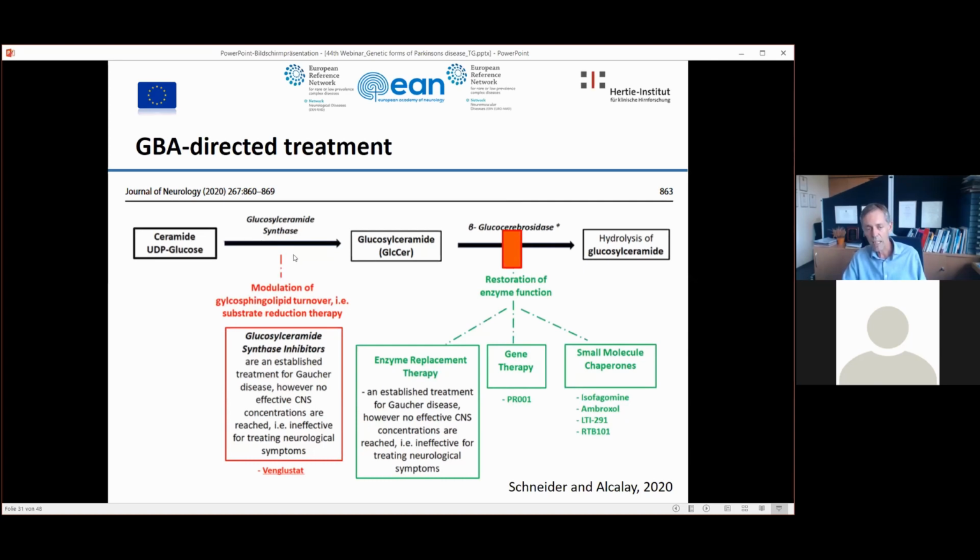So the trial that was actually already done was to start at another point in this pathway by inhibiting the substrate formation, so the synthesis of glucosylceramide by a glucosylceramide synthase inhibitor, venglustat. And that trial was partly effective.